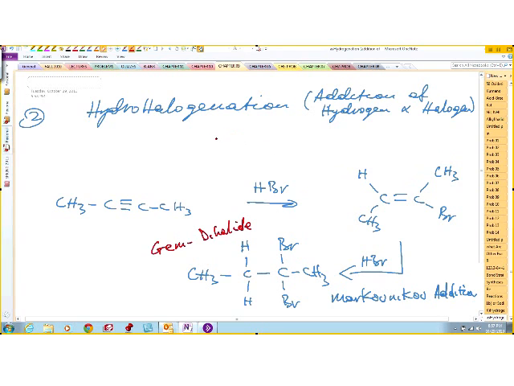So that is the addition of hydrogen and halogen across the carbon-carbon triple bond. By the way, all of these reactions that I've given you, you could also perform using hydrogen chloride.